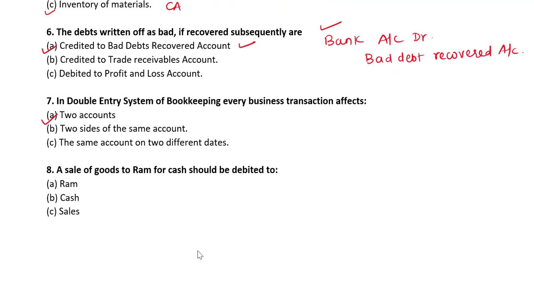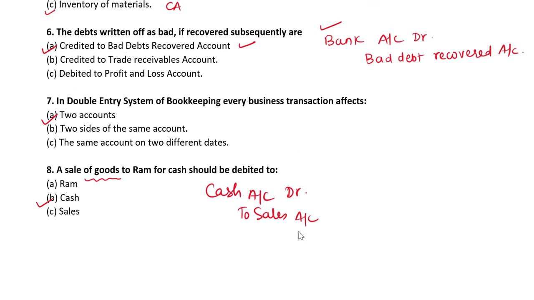A sale of goods to Ram for cash should be debited to what? Cash account will be debited over here, and because sale of goods has happened, over here is the sales account. So the answer is B, cash.